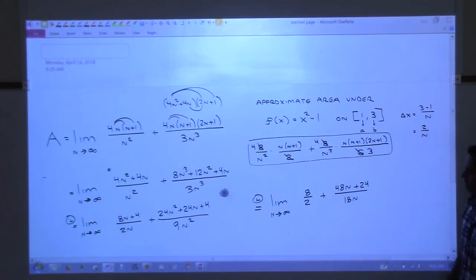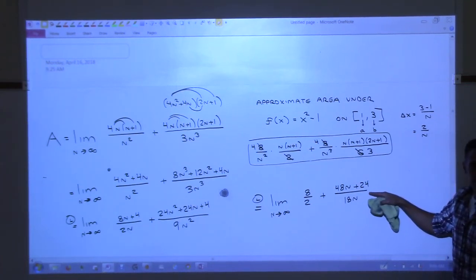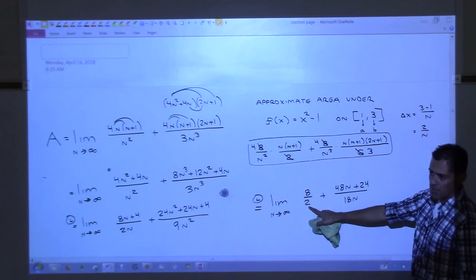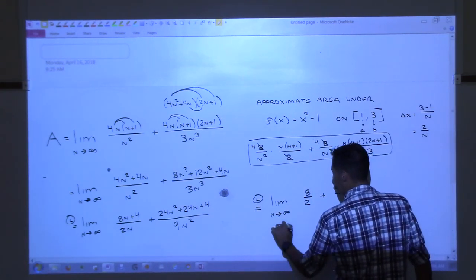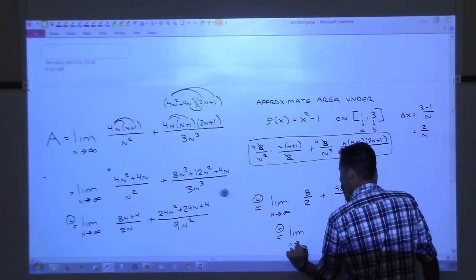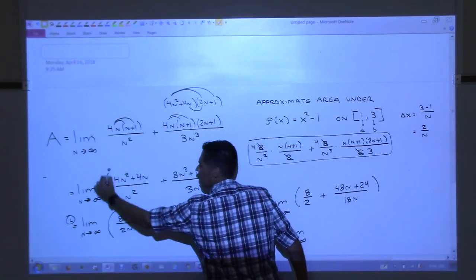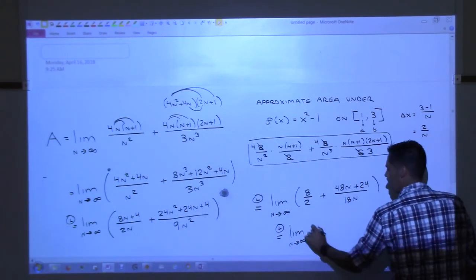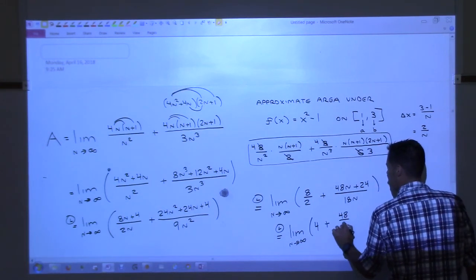This is 4, right? This one is still infinity over infinity. So I use L'Hopital one more time, but don't touch this one. This one's still 4. 4 is 4. So when I do L'Hopital again, limit as n goes to infinity, I have, let me put those in parentheses, 4 plus 48 over 18.